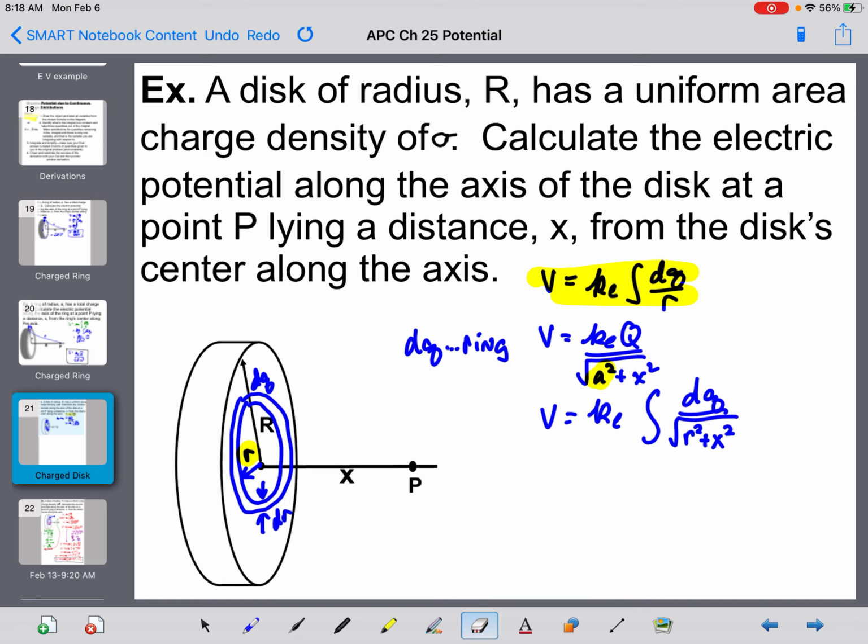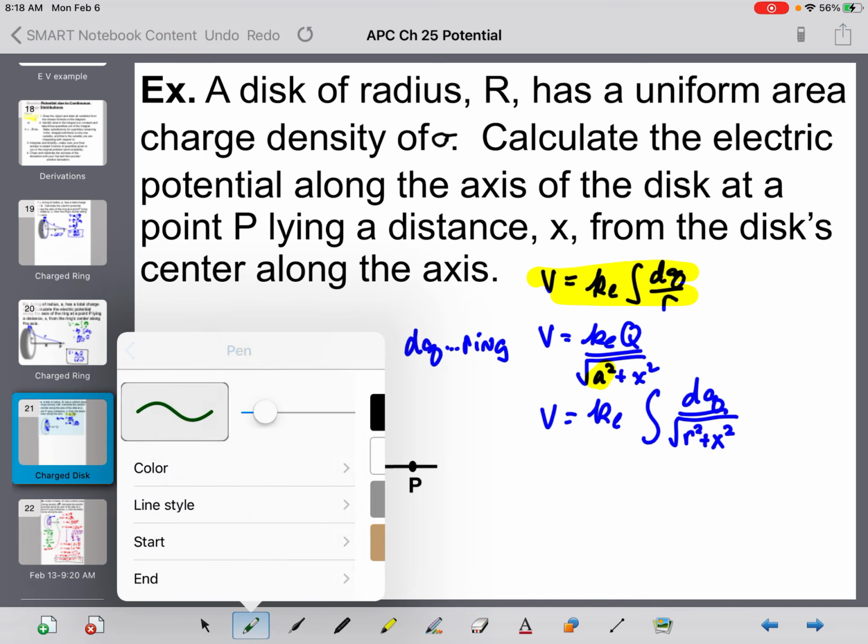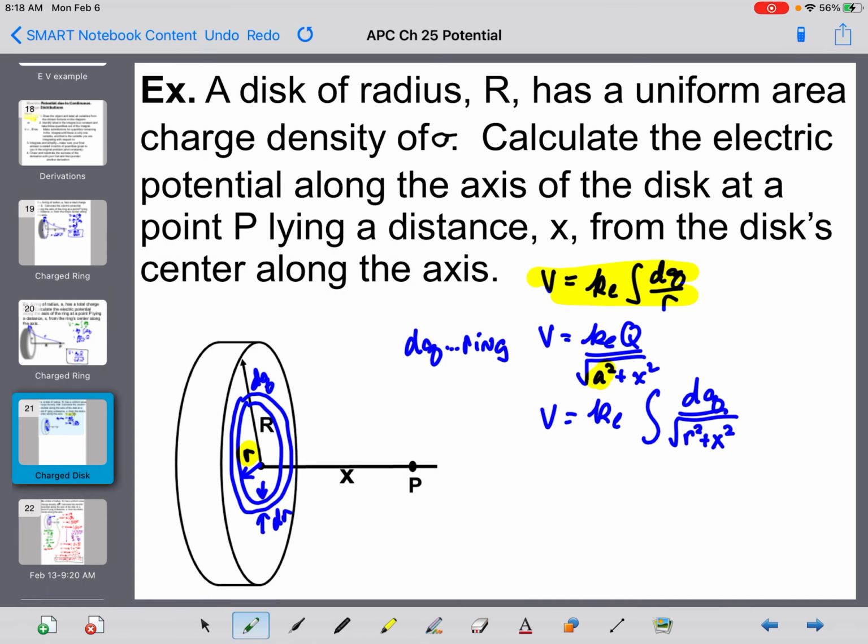How about that? Now, if we look at the equation we have there, q is changing and r is changing. I have two quantities that are changing, so we're going to have to do some mathematical substitutions. A logical place to start is with charge density.